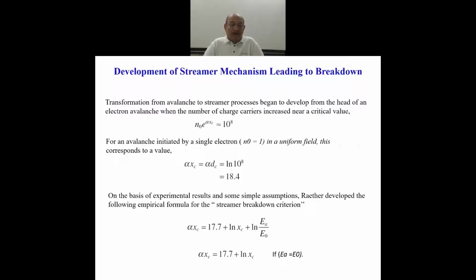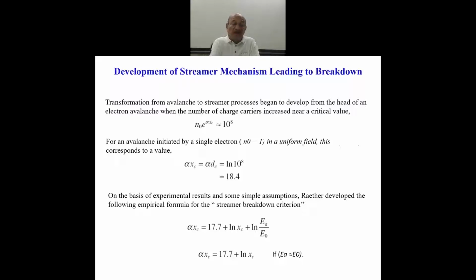So the transformation from avalanche to streamer process: Townsend's mechanism was said to be just the avalanche process, although both of them involve avalanches, but avalanches of different characteristics. That is very important.